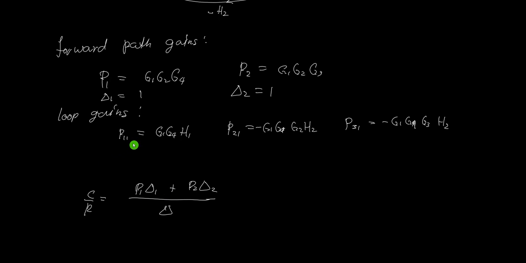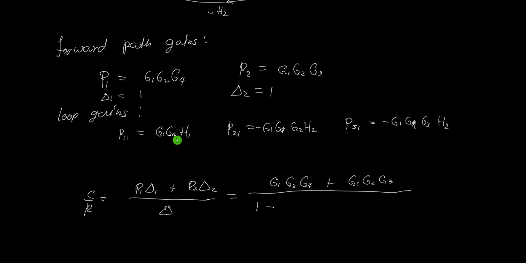This will be equal to P1, G1, G2, G4, plus P2 times 1, because delta 1 is 1. We have G1, G2, and G3. Then all over delta, because the formula for delta is 1 minus the sum of all loop gains.